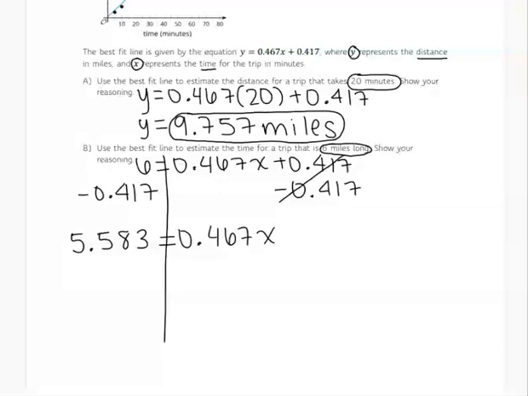0.467x means 0.467 times x, so I need to use division to undo that multiplication. So I'm going to divide both sides by 0.467.